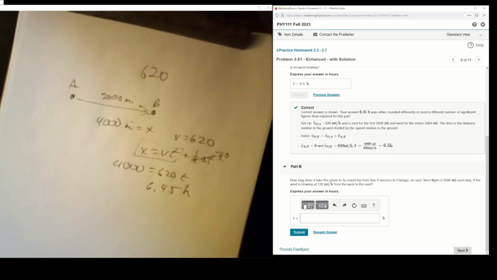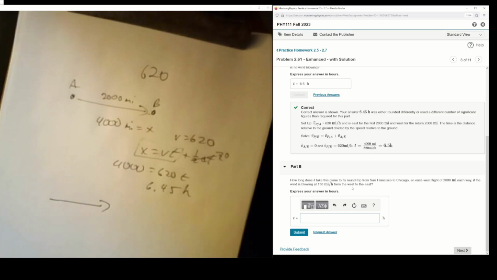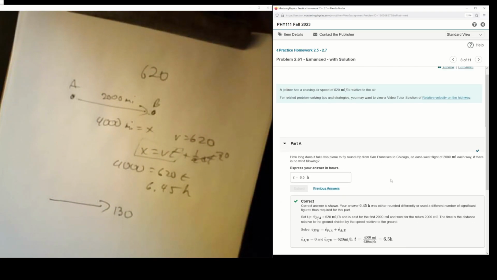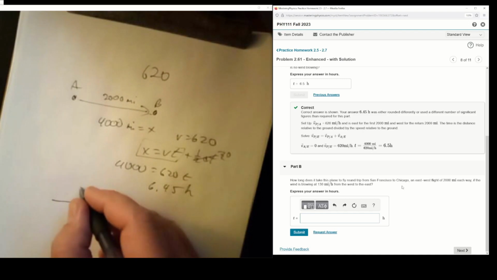Same round trip, same distance. The wind is blowing from west to east. So that's the way the wind's blowing, 130. And our plane does 620.